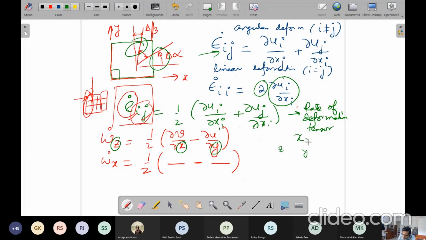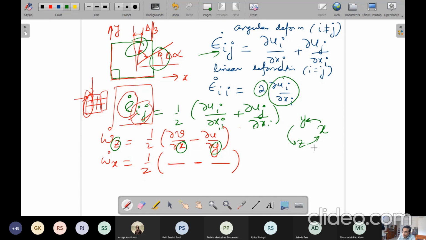So let us just erase it and write it more clearly. So let us say we have X, then Y, then Z. And we are just traversing an anti-clockwise rotation, because the positive and the negative sense of the Cartesian axis is a right-handed system.